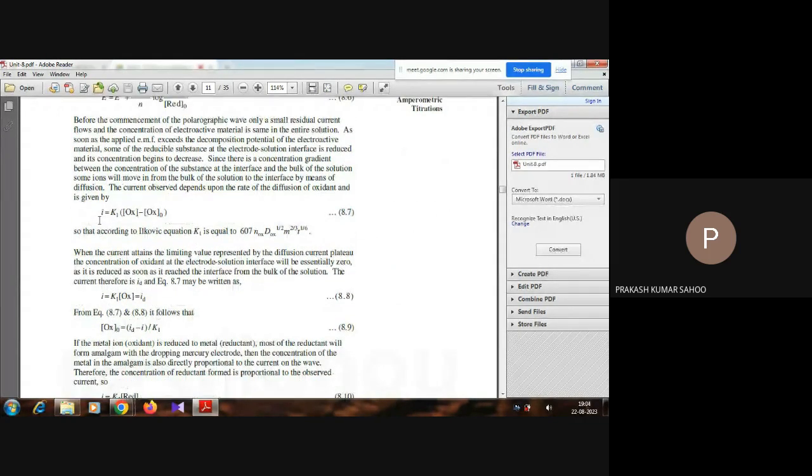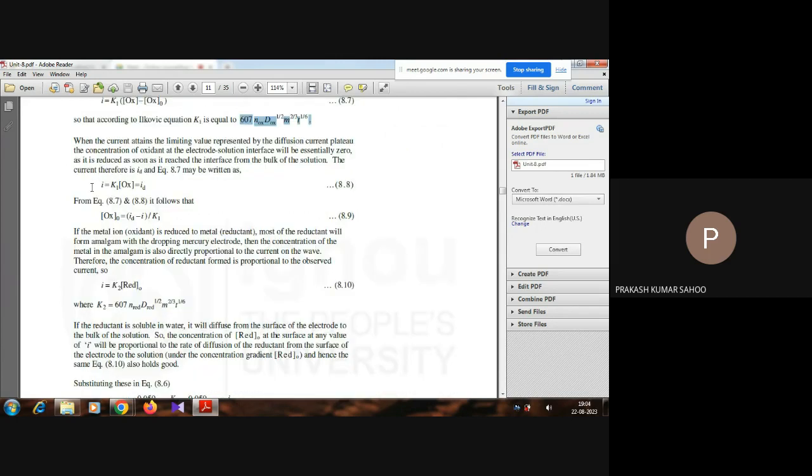Then we have the diffusion current, I equals K1 (Ox minus Ox at electrode), and K1 equals this equation. Then I equals K1 Ox equals ID. So by combining these two, we have Ox at electrode equal to (ID minus I) by K1.